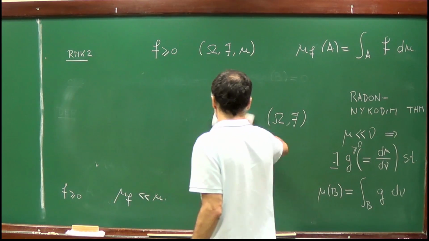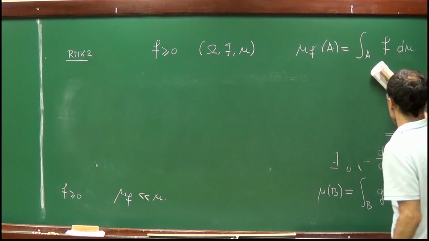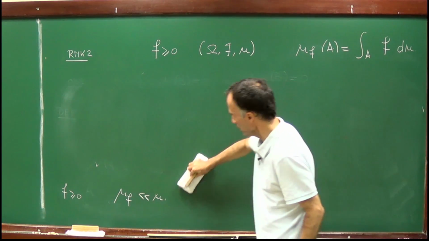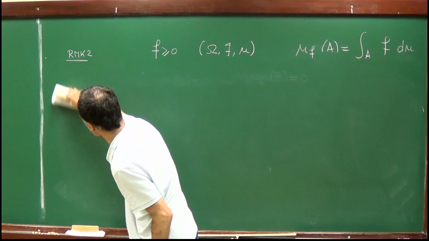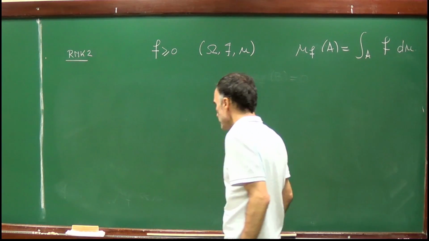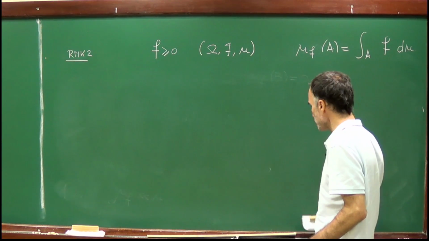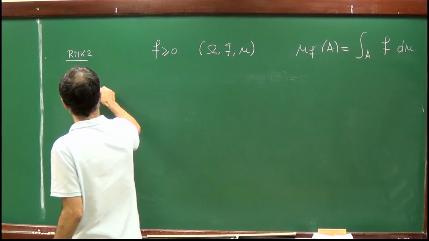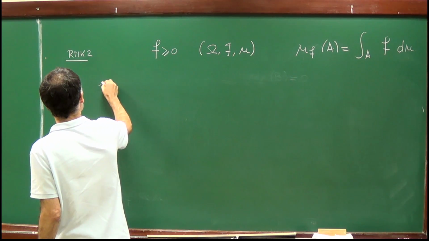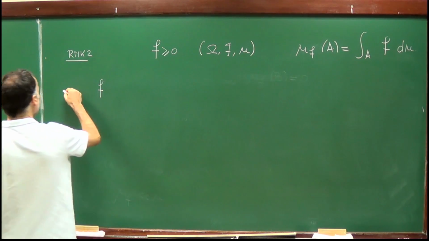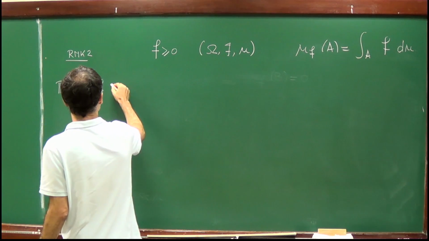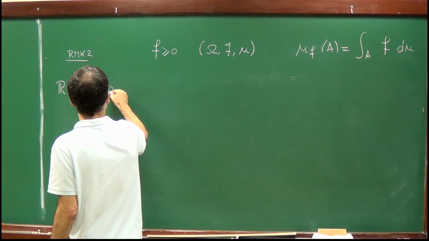And so maybe let me just give you an example of measures which are not absolutely continuous one with respect to the other. So let's consider a function in R. Let's consider a function f, which is, say, continuous and positive.